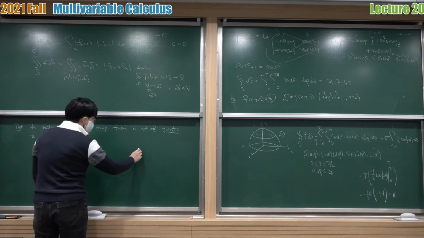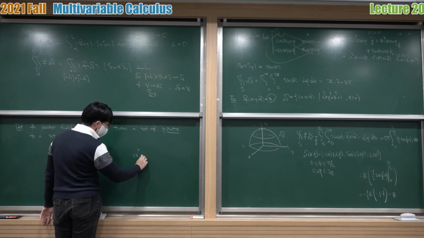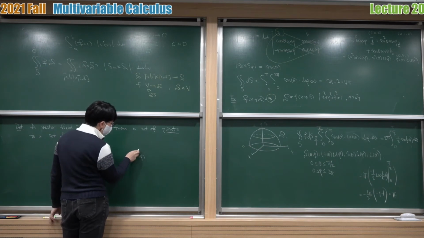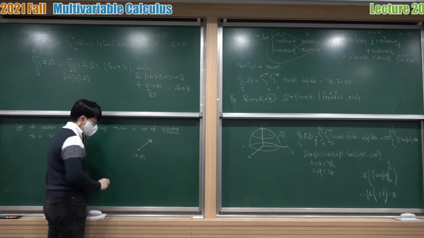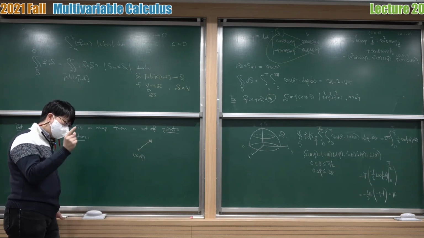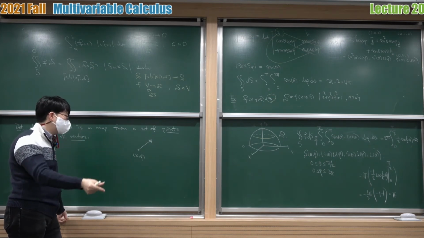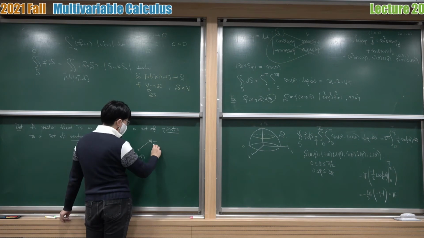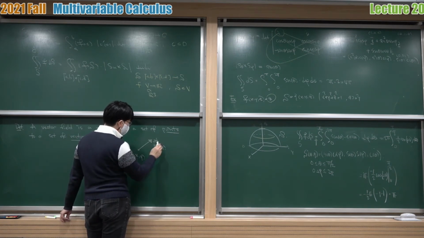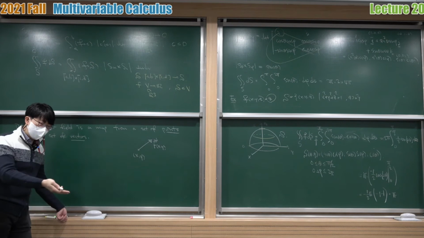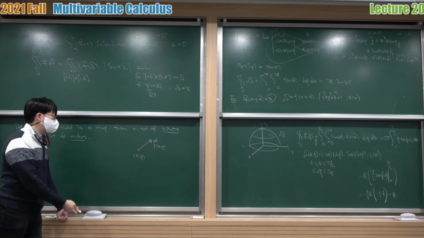So if you have a point on, let's say, two-dimensional plane, then you want to find out at that point in which direction or in which magnitude the force is applied. Okay, so that's the vector F of x, y. So I'm going to put an arrow mark over this symbol F, meaning that this is not just a scalar, but it's a vector. Okay.